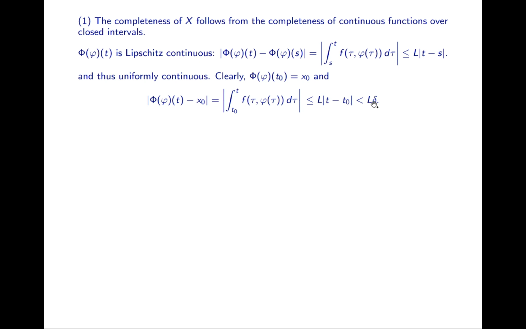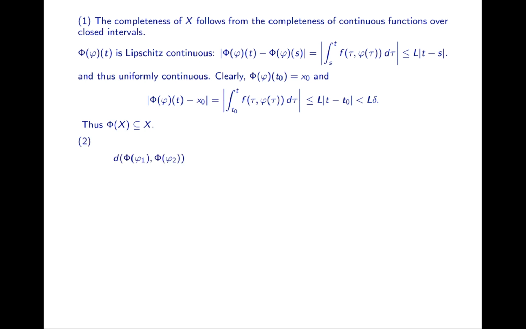And if you recall the rectangle in our previous picture, t minus t naught is less than delta. So that means that this function passes through the left and right side of that rectangle. In other words, the distance between this and x naught is less than L times delta. So therefore, phi applied to any function in x is contained in x.